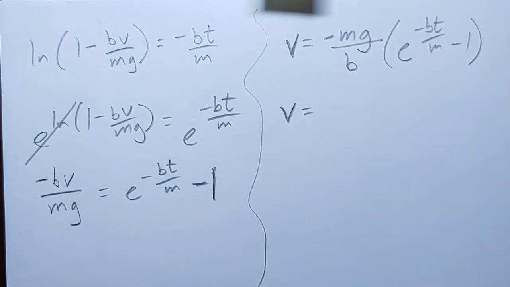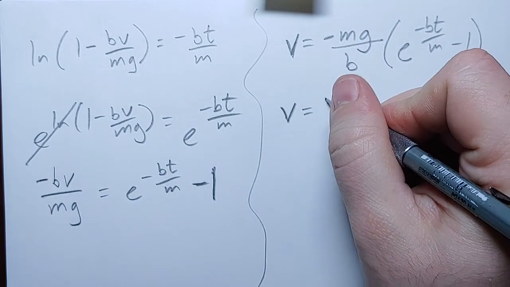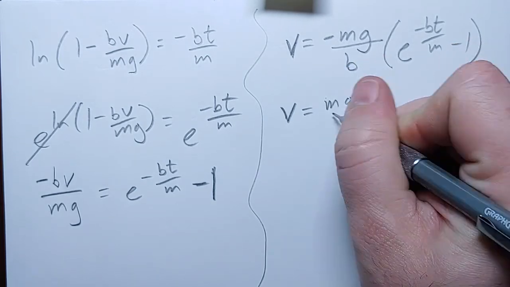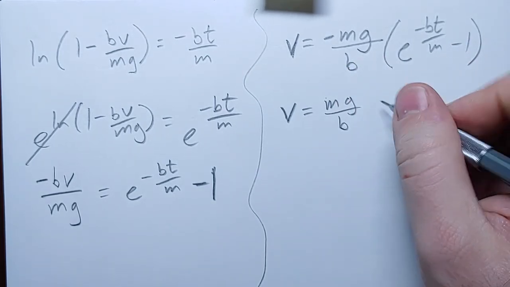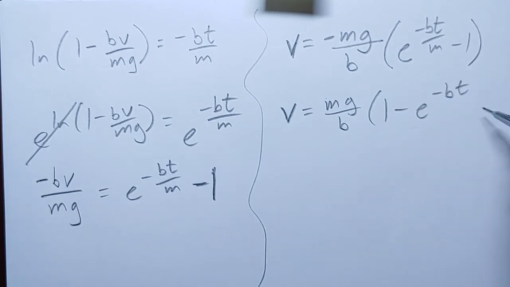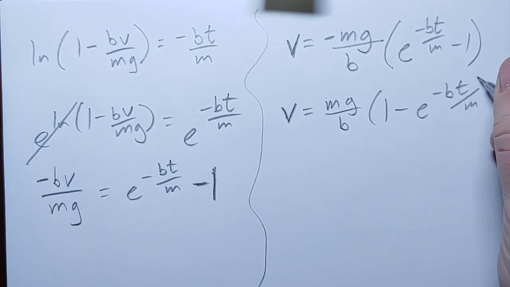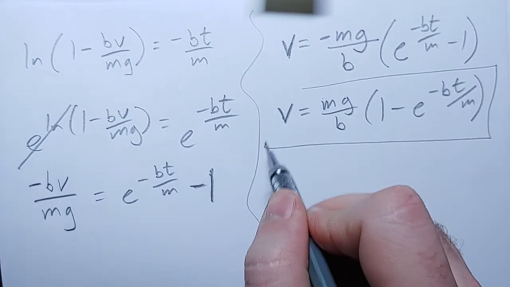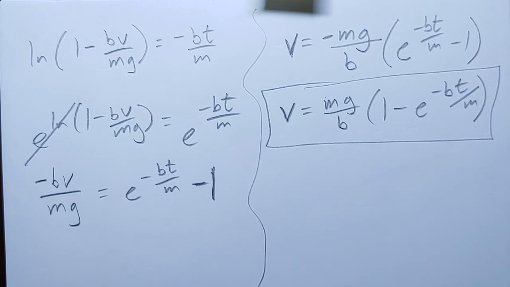The velocity is equal to mg over b times 1 minus e to the negative bt over m. And so we've done what we set out to do. We have an expression for v as a function of t.